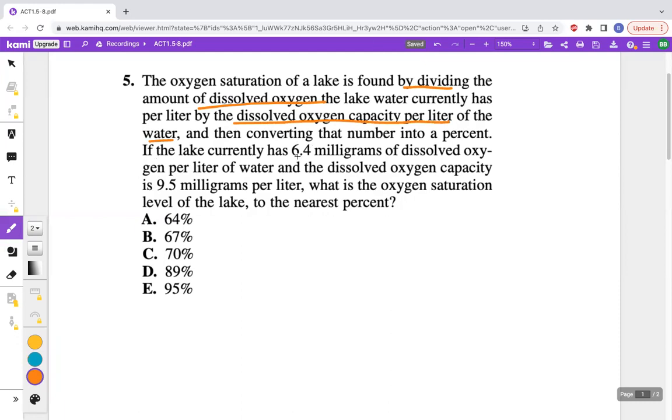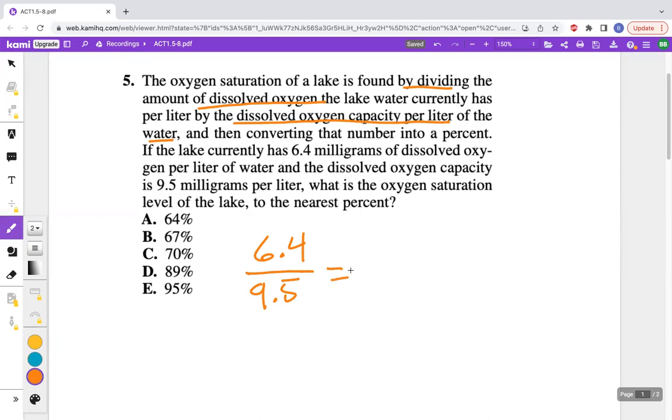If the lake currently has 6.4 milligrams of dissolved oxygen per liter of water, so that's what the water currently has, and the dissolved oxygen capacity is 9.5 milligrams per liter. So that's the capacity the water has. What is the oxygen saturation of the lake? All right, so I'm just going to divide these out.